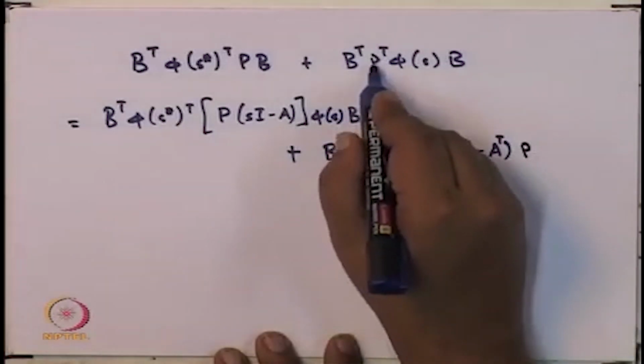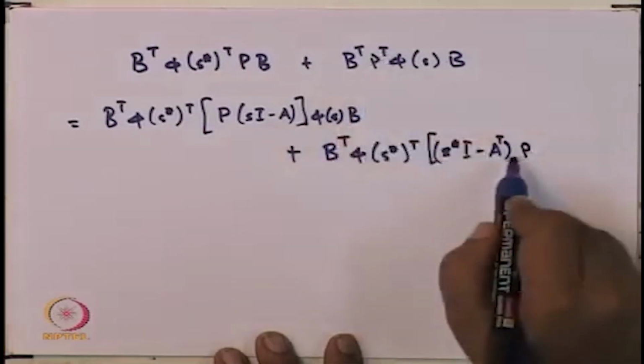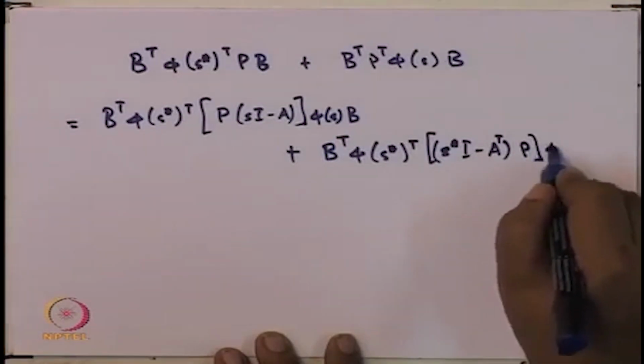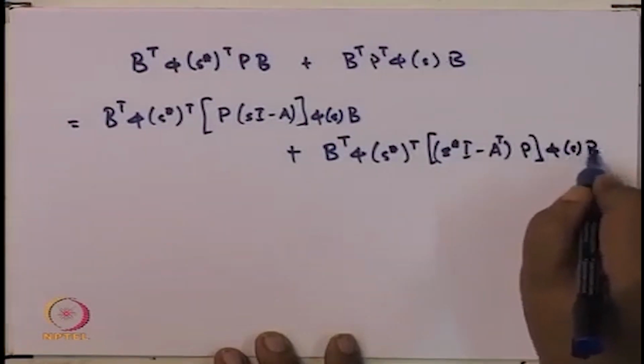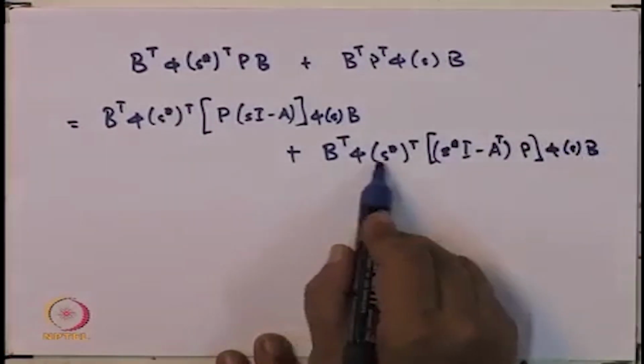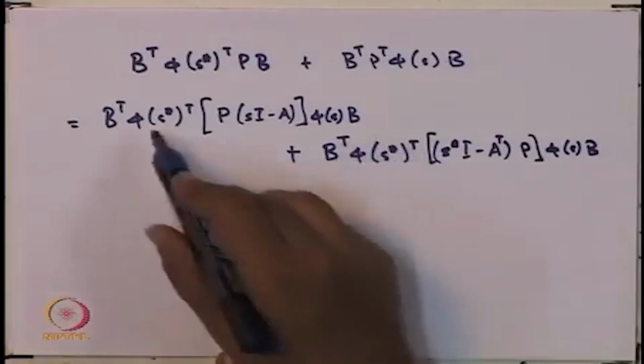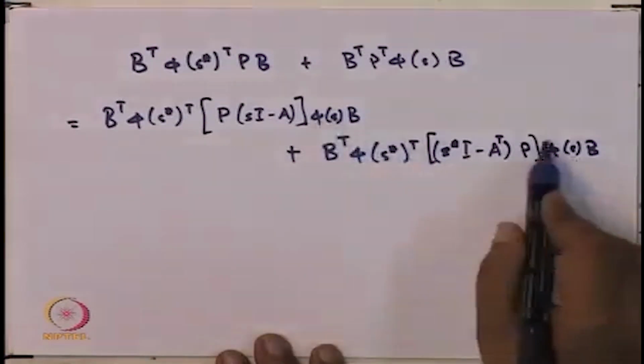Because P is a symmetric matrix, P transpose is the same as P. So I'm just putting P here, and then I have phi S B. Now both the terms have B transpose phi S star transpose on the left side and phi S B on the right side.